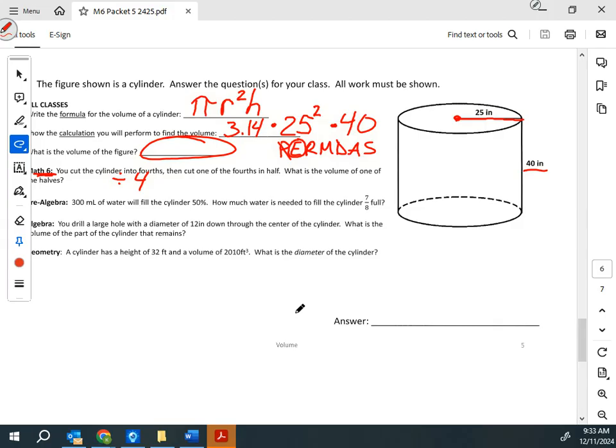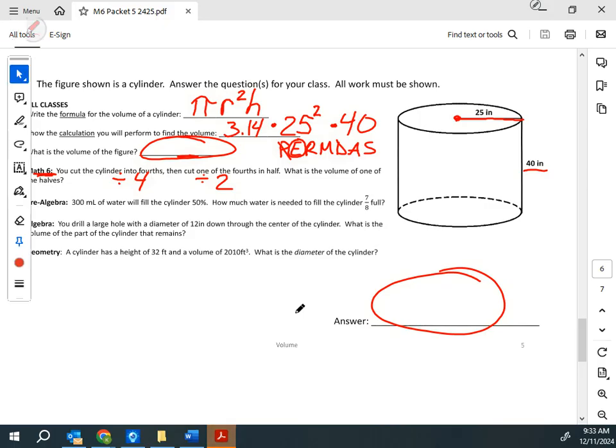And then I cut, we said that's divide, I cut those fourths in half. So what do I have to divide by this time? Lila? 2. So you take your volume, you divide it by the 4, you divide it by the 2, and that's how we get our answer down here.